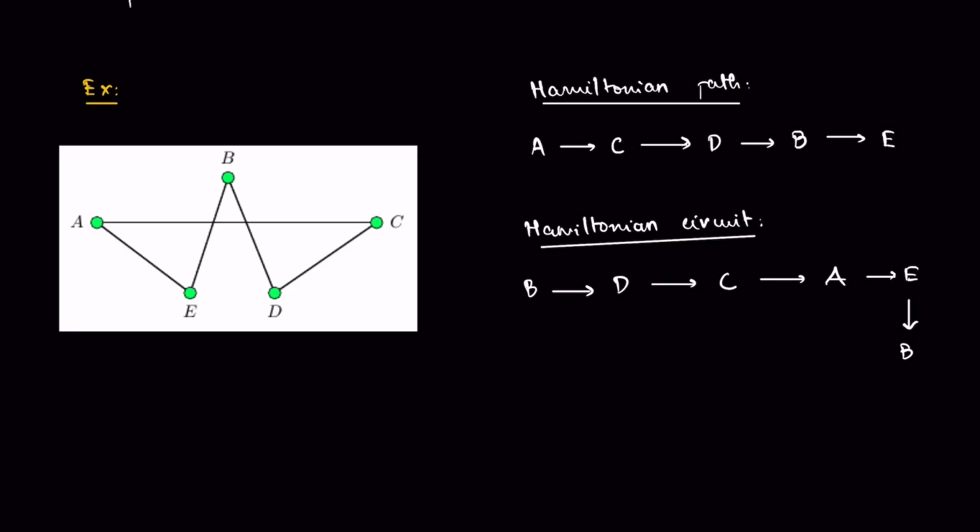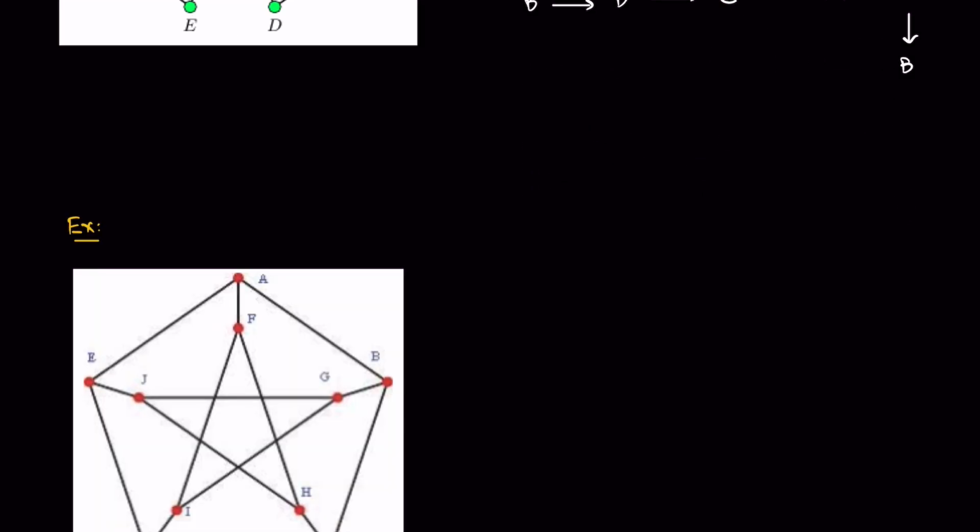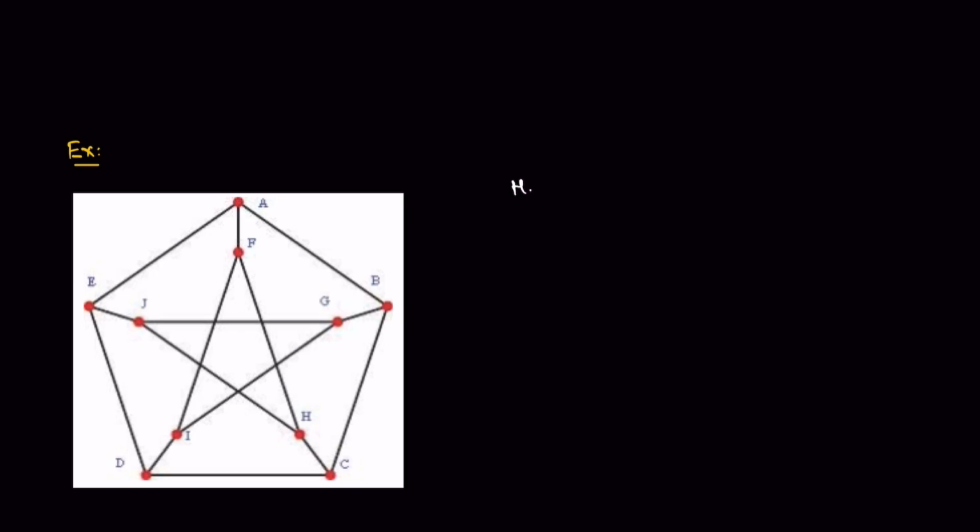Now I'm going to give you another example. In this example, you don't have a Hamiltonian circuit, you only have a Hamiltonian path. And again, this is done through trial and error in order to determine if there is a Hamiltonian path or Hamiltonian circuit. So for this problem, I only have a Hamiltonian path.